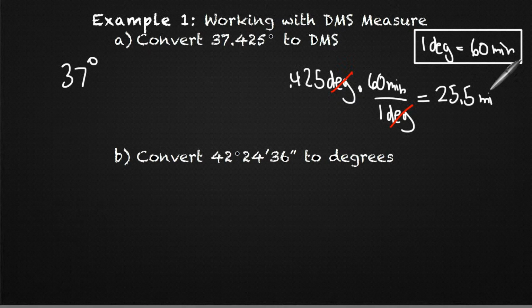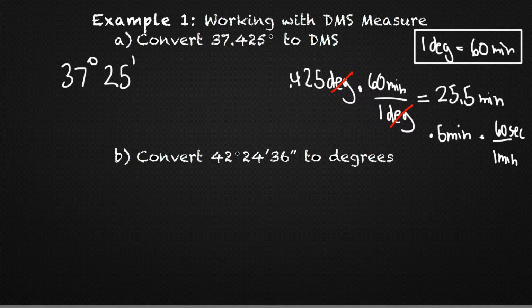So it's going to be 25.5 minutes. Now, how many whole minutes do we have? We have 25 whole minutes. So we're going to go ahead and put that right there, 25 minutes. Now, we have 0.5 minutes that we have not accounted for. So we're going to convert that further into seconds. So 0.5 minutes times the conversion factor, 1 minute has 60 seconds.